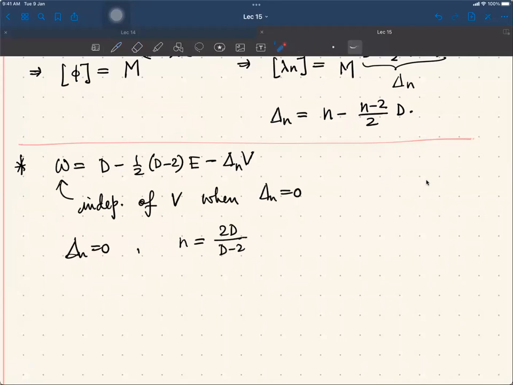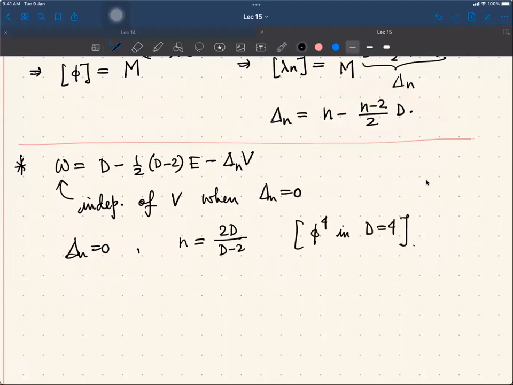That you can get by solving this equation: set this equal to 0, n equal to this. So that means phi to the power 4 in d equals 4.